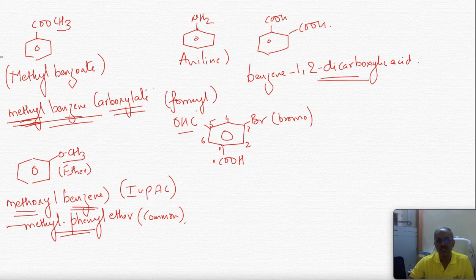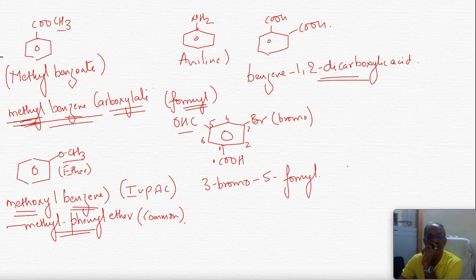Now the numbering I have done, but now how will I do the naming? Since bromine is coming first, it will be 3 bromo, 5 formyl, 3 bromo 5 formyl benzoic acid.